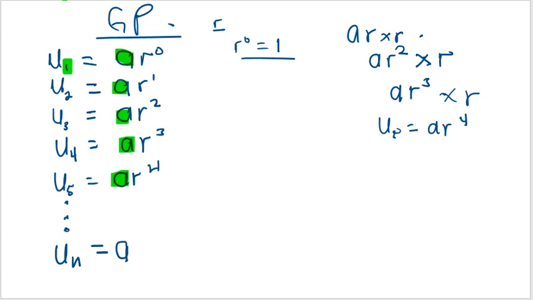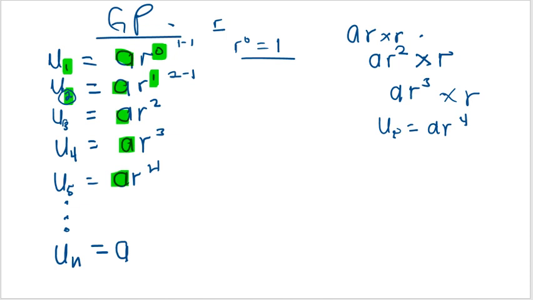But where you need to take note is the exponent. When we have the first term, 1 here becomes 0, which means 1 minus 1. When we have 2 here, we have 1 here, which means 2 minus 1.